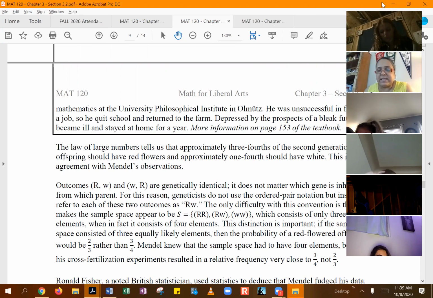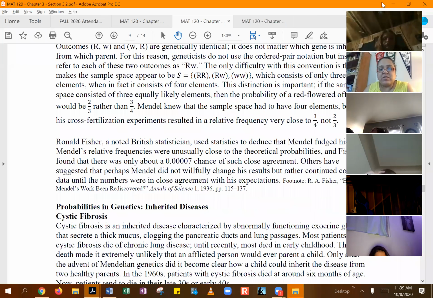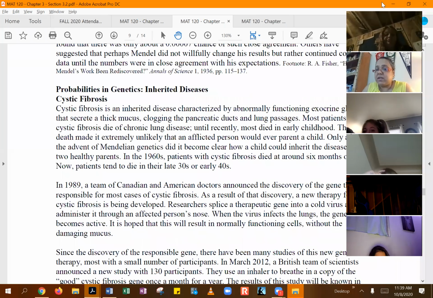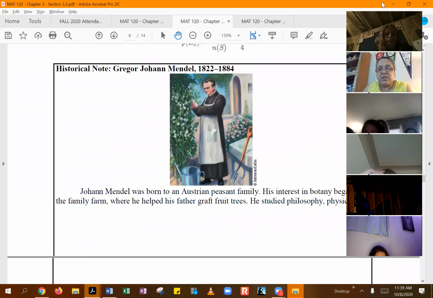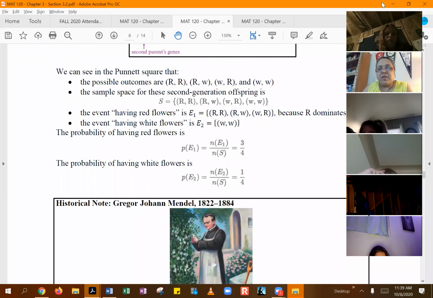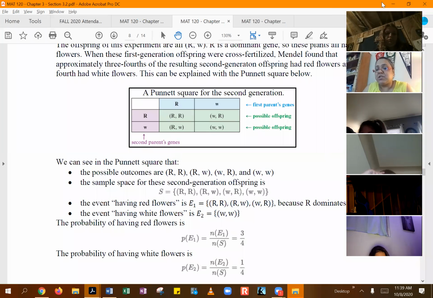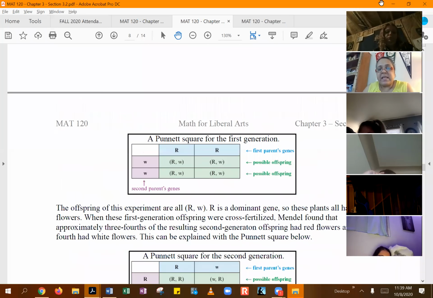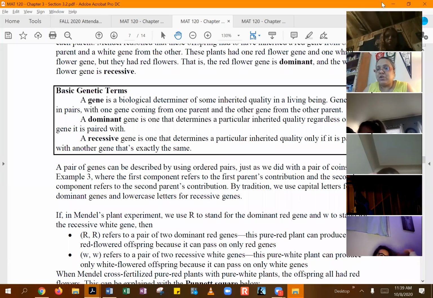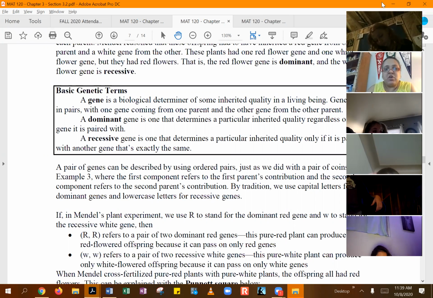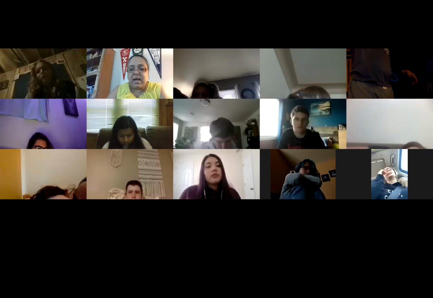And this is not necessarily just from people to people, but you can also see this in terms of inherited diseases. When they're talking about Mendel over here, he actually noticed this when he was studying plants first. So these genetic experiments and transference of genes can happen in plants and trees, as well as humans. So we'll pick up from here next time.